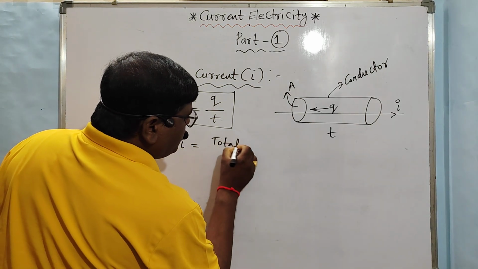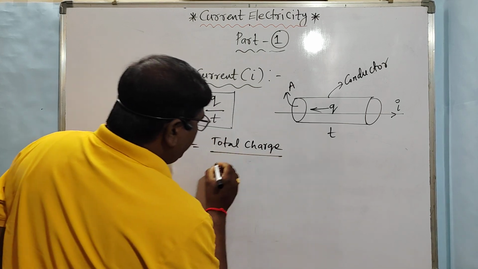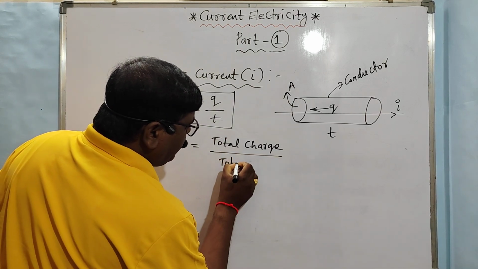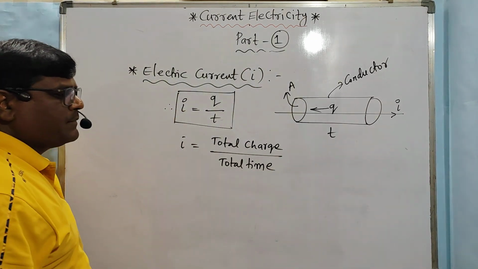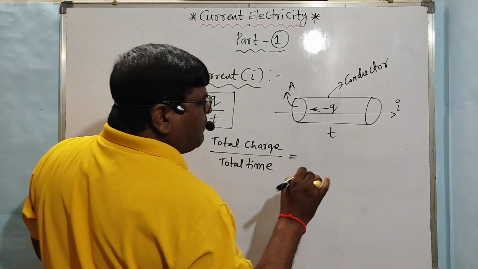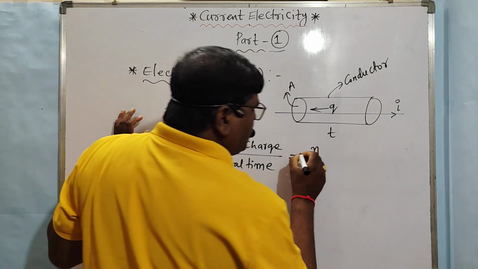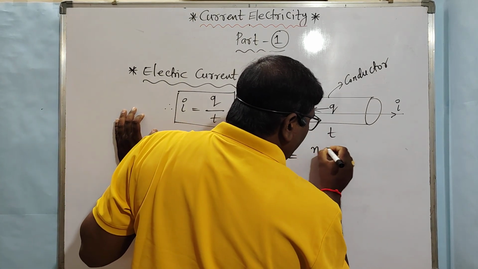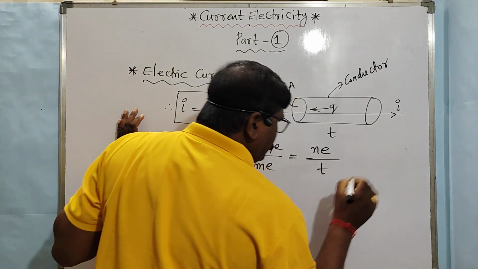That is total charge divided by total time. Total charge is nothing but the number of electrons, that is N, times the charge of each electron, e, divided by total time t.